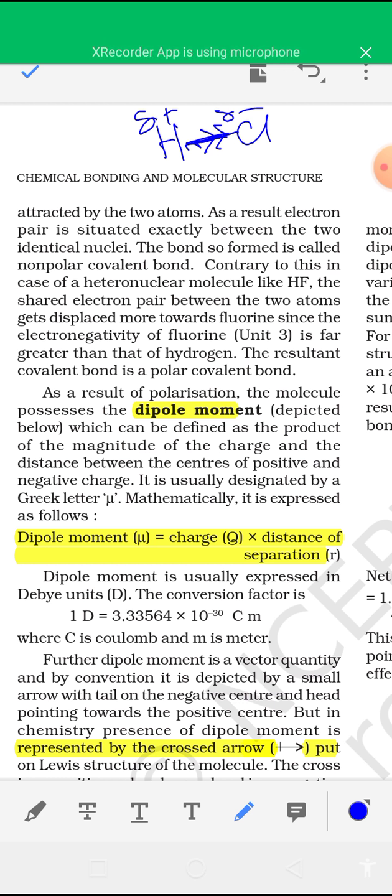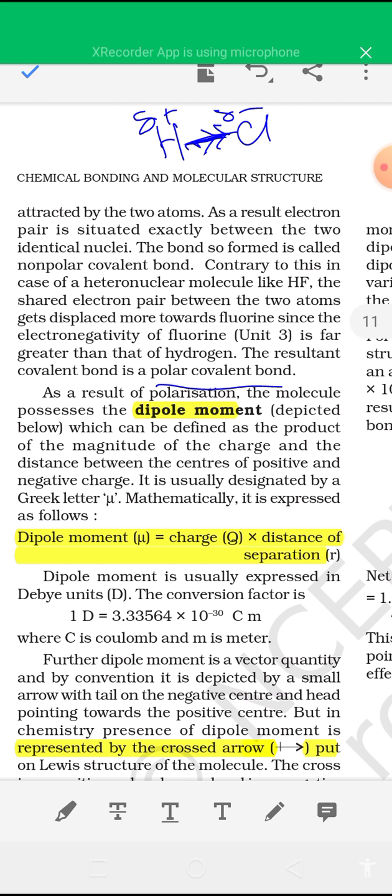So when the bond is formed between two different atoms having different electronegativity, then the bond will be a polar covalent bond.